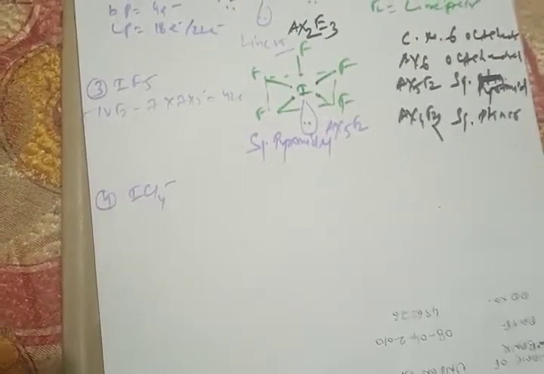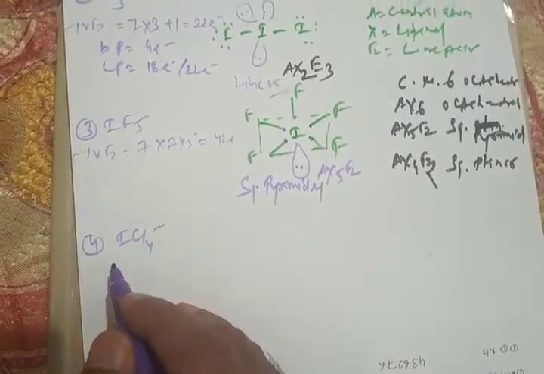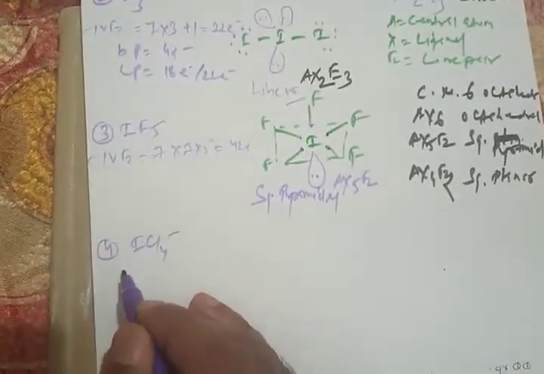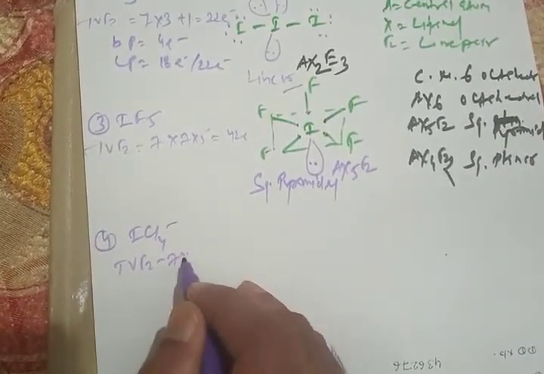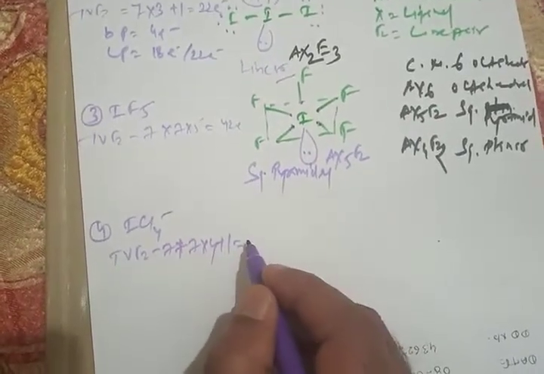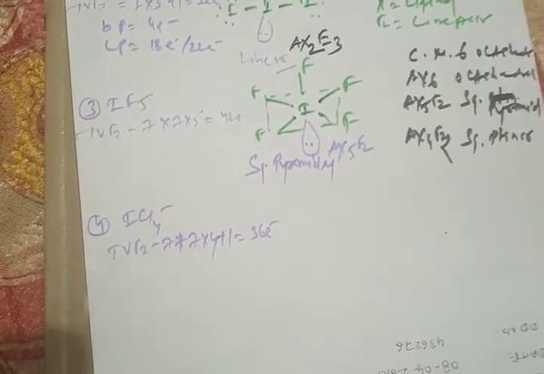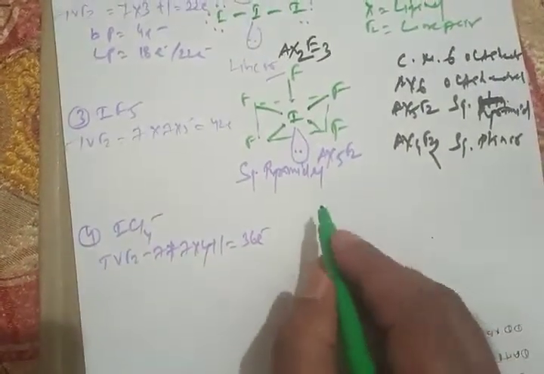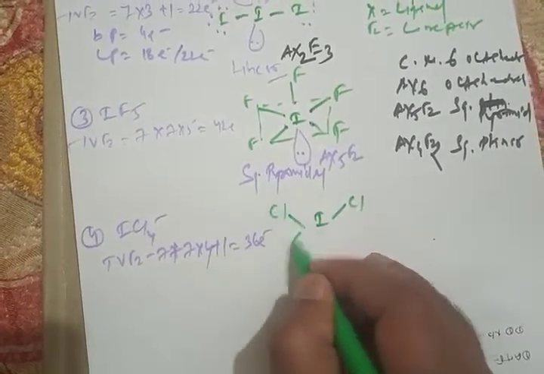This is the last example. Total valence electrons: 7 plus 7 into 4 plus 1. This is total valence electrons 36 in this case. Let's draw the structure quickly. One Cl, then the second Cl, then the third one.